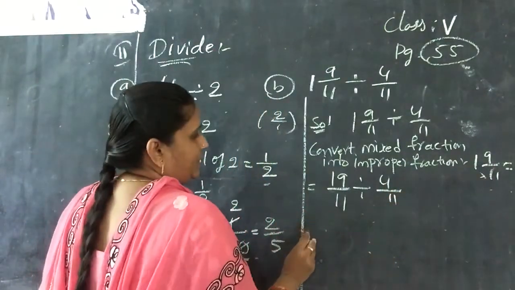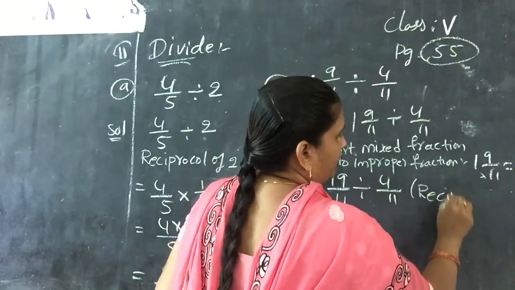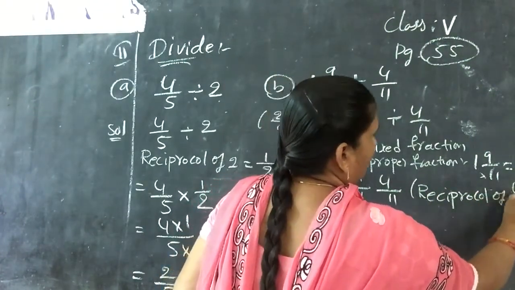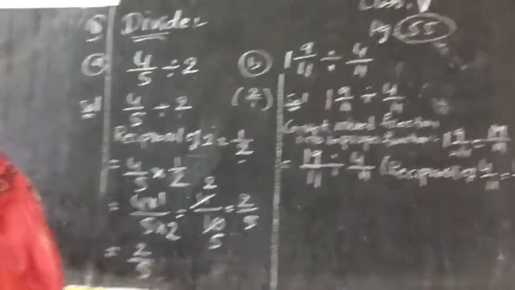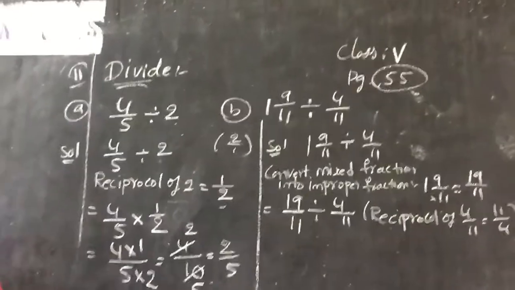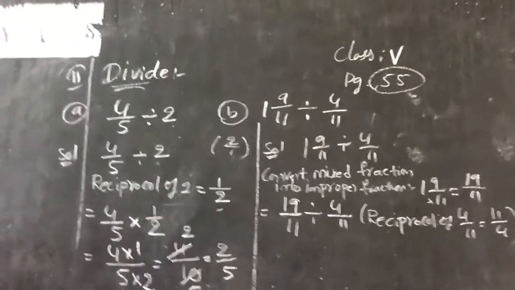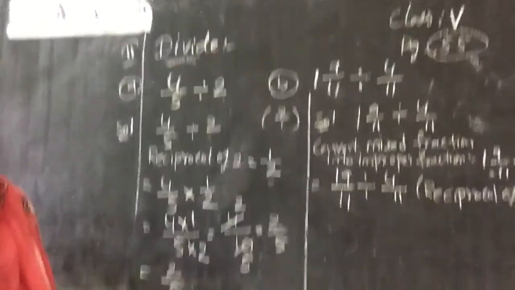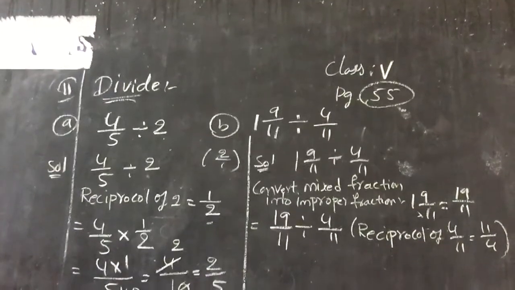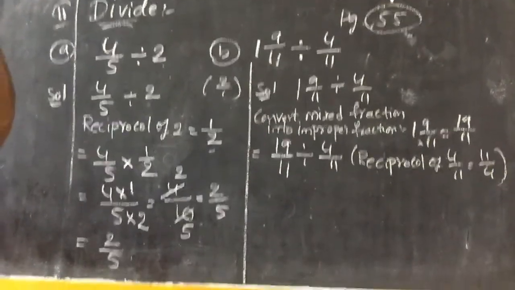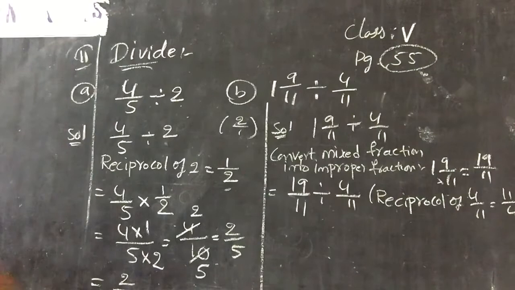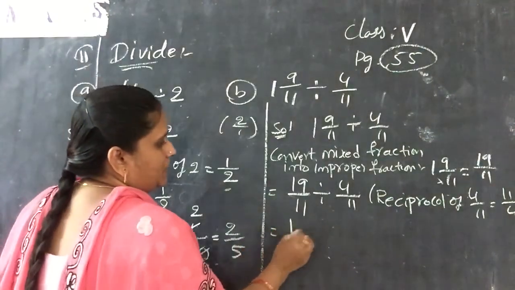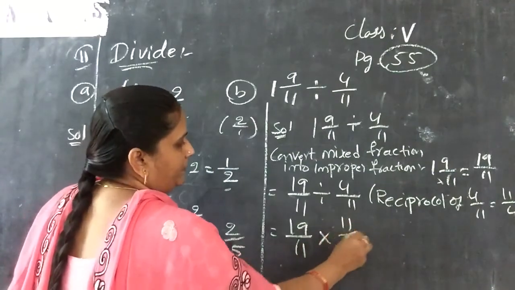The next step is the reciprocal of 4 by 11, which is equal to 11 by 4. So now 20 by 11 into 11 by 4.